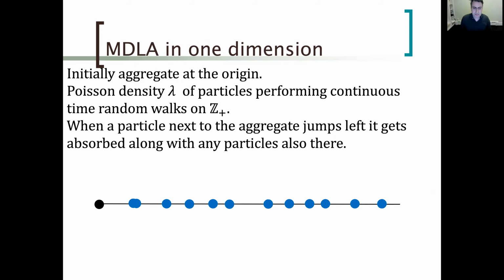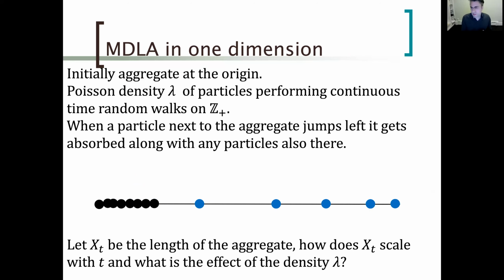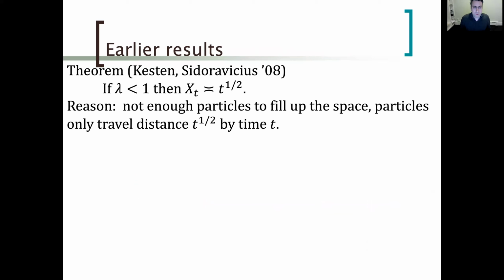So in one dimension, it's just particles doing a random walk on the line, and when they run into the aggregate, they get added to it. Now the geometry of the aggregate is very boring, it's just a line segment, so the only thing you can ask is how quickly is it growing and how does that vary as a function of lambda? So Kesten and Sidoravicius showed that when lambda is less than 1, it grows like square root of t.